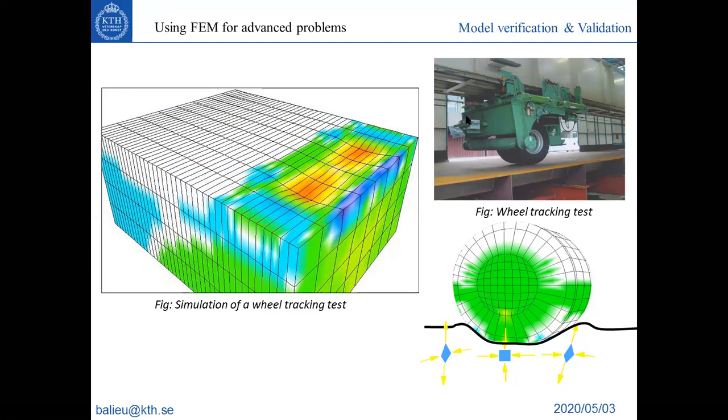And this wheel can pass with a very high number of cycles. So it's like an accelerated small road in order to understand what happens over a long time, so with a high number of cycles. So this is totally dependent on the geometry.